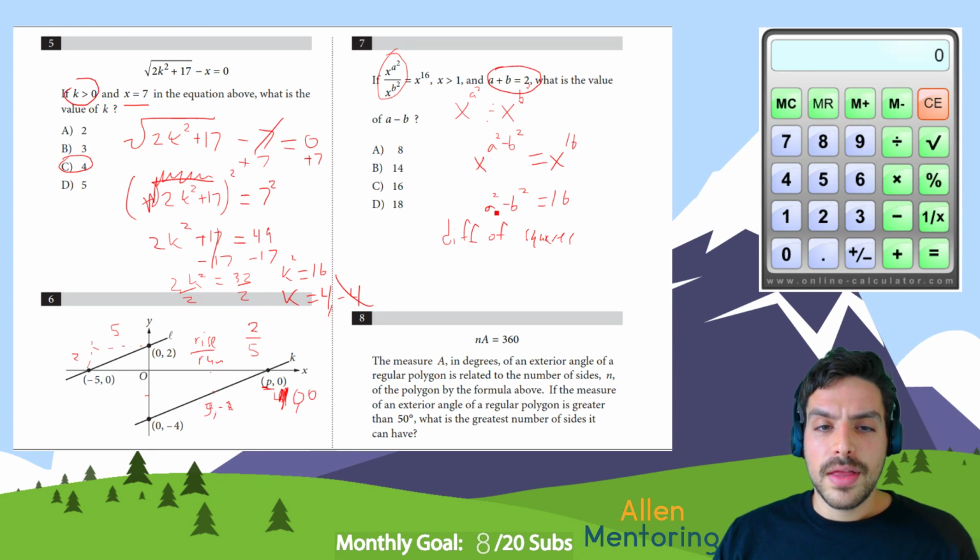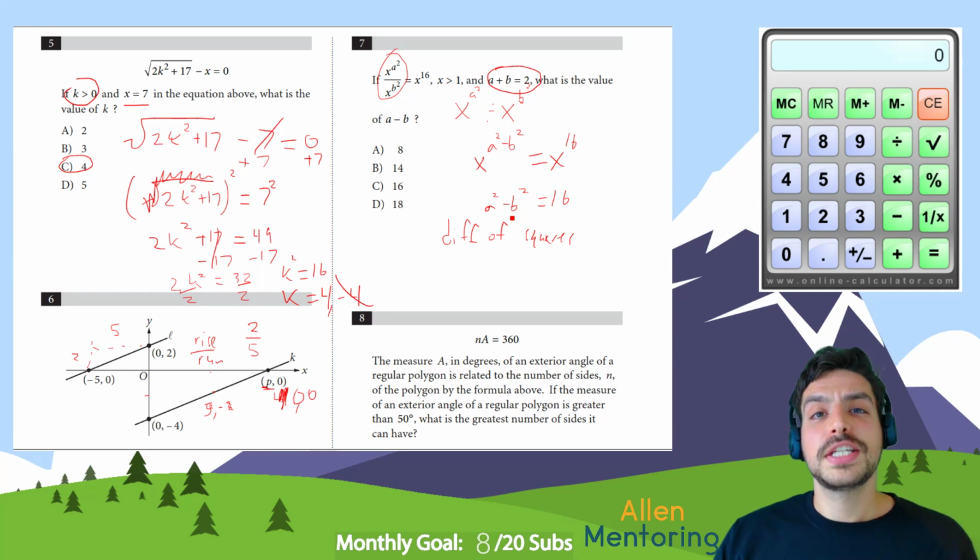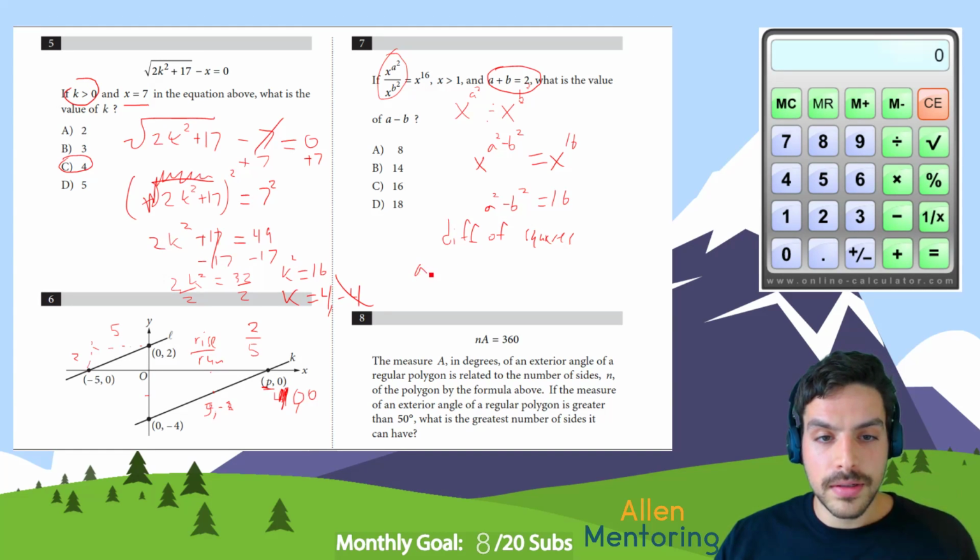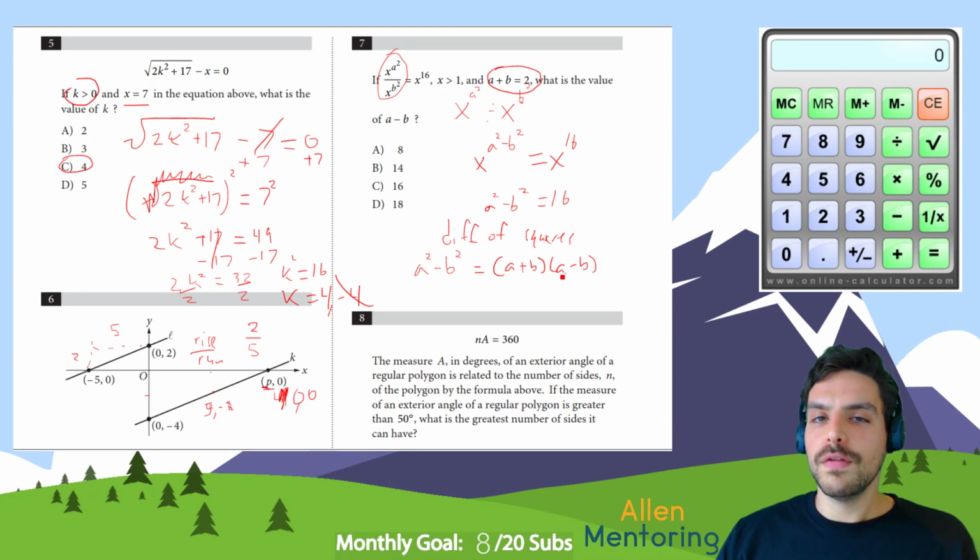If you see that you have a perfect square subtracting another perfect square, you could actually expand that. So a squared minus b squared is equal to a plus b times a minus b. And this is true of all perfect squares. If you see them in this form, you could always factor them to look like this.